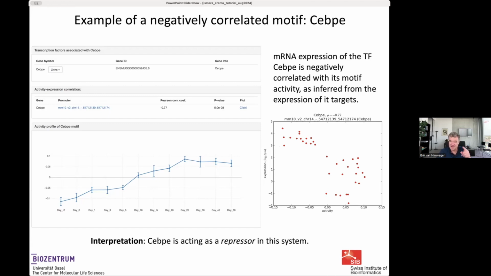And so that indicates that this transcription factor is acting as a repressor in the system, because as its gene expression goes up, the motif activity goes down, and the expression of its targets goes down. So this comparison with the gene expression also allows you to hypothesize whether this transcription factor is acting as an activator or as a repressor.